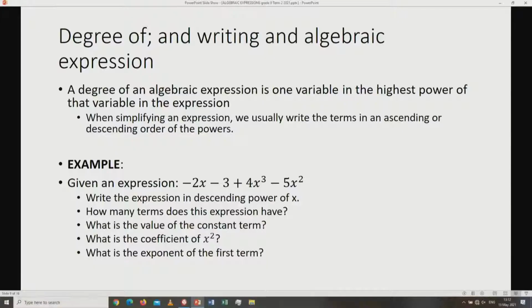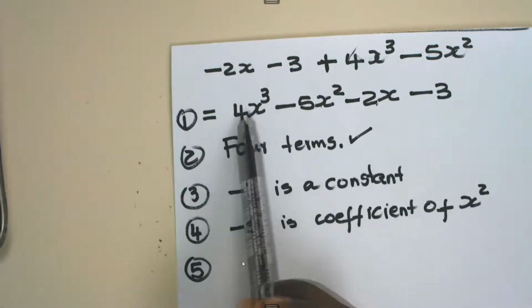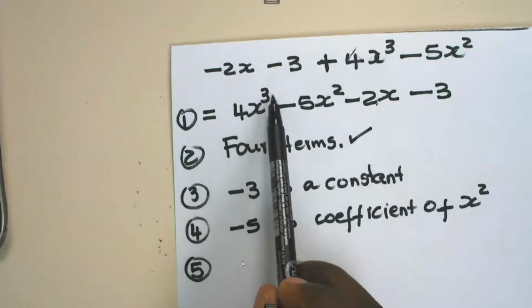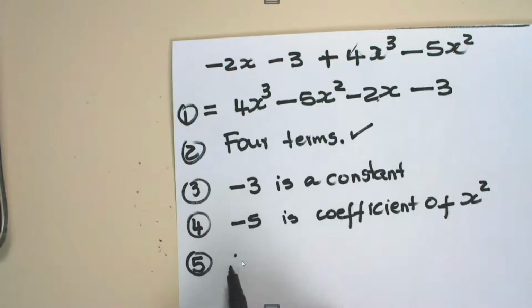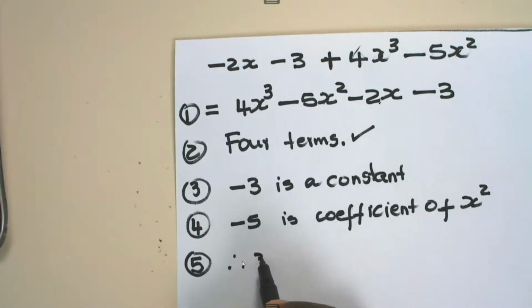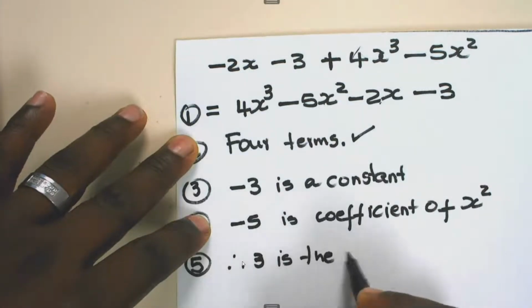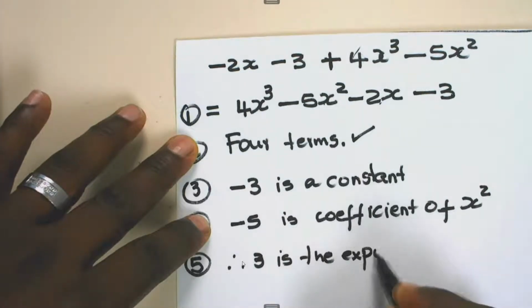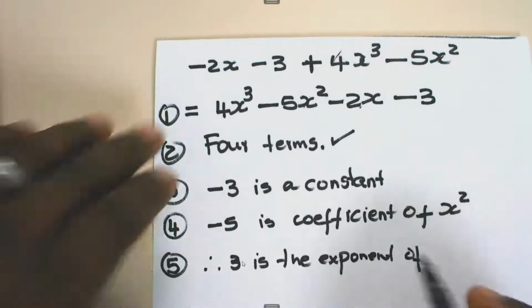So if the question says, what is the exponent of the first term? We check the exponent of the first term. The first term is 4x cubed. So the exponent of the first term there is going to be 3. Therefore, 3 is the exponent of the first term.